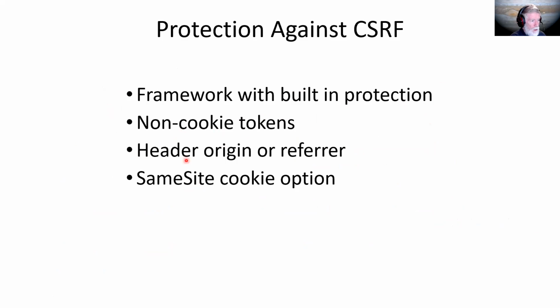You can also check the origin and referrer values in the HTTP header to see who sent you here, and check whether it's someplace you want it to be sent from. Often, it should only be from your website. If it's not from your website, you go, oh, something's wrong. And then there's the SameSite cookie option, which is: only send this cookie back to the same site where it came from. Don't send it anyplace else.